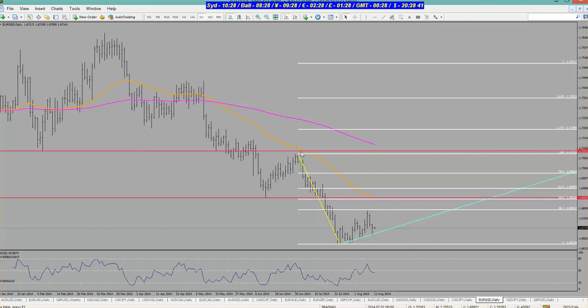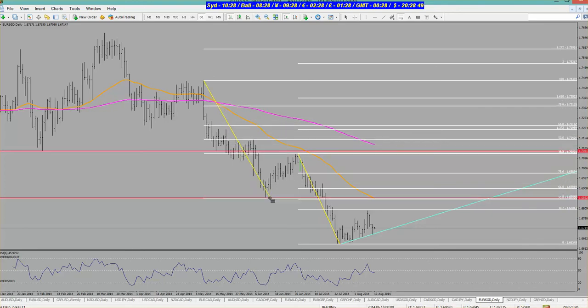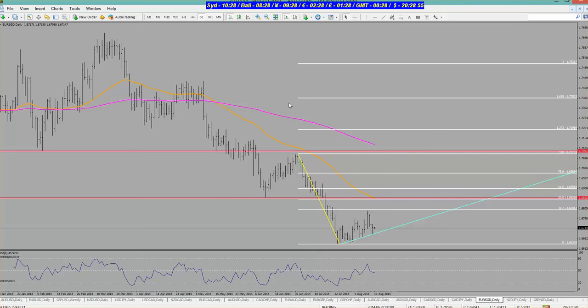I'd call that almost a retest, which it hasn't done here. Yeah, okay, this was the 382 of this move. I see you've highlighted that, but there's more reasons than just the 382. Trend line is really the only other reason you got, or the 20 EMA, which again I don't think is strong enough.